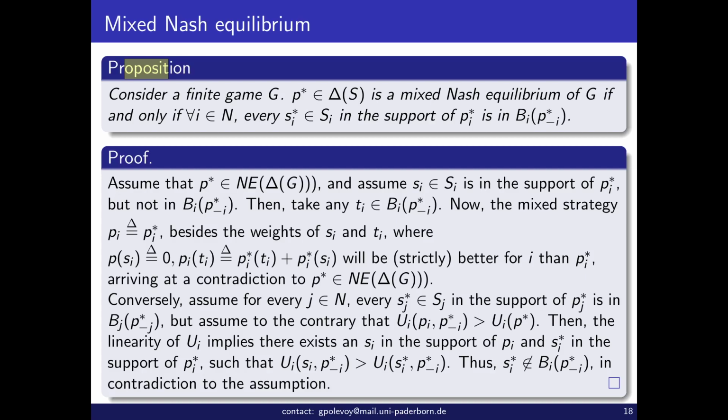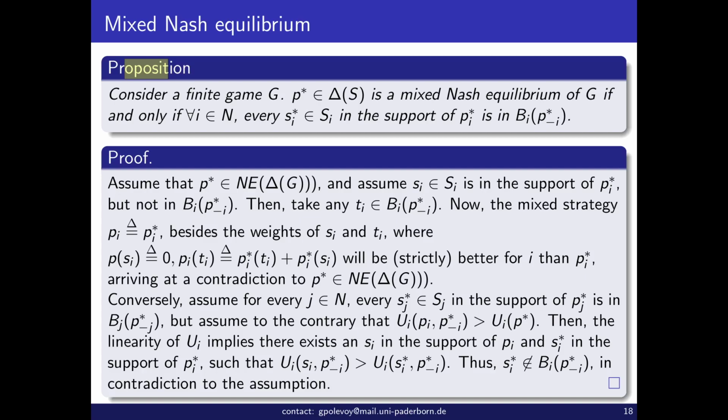in the sense that the weights of all the pure strategies besides Si and Ti are the same. Now the weight of Si is 0 instead of something positive, and the weight of Ti is the previous weight of Ti plus what was in Si, which was positive because we assume Si is in the support.